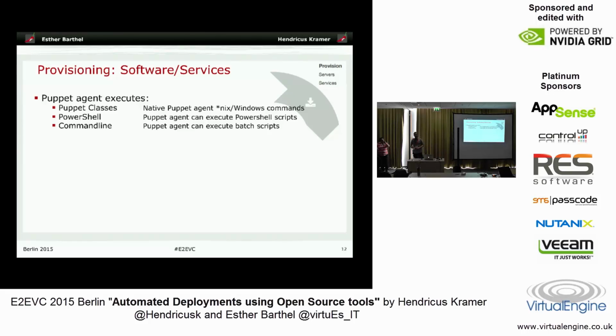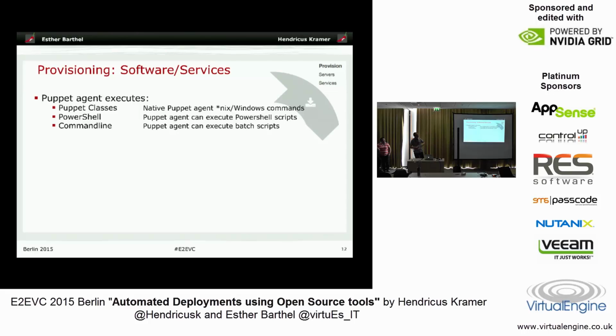Yes, so the Puppet agent is installed, and the Puppet agent is basically smart enough to do basic commands. You have a Puppet agent for Linux, for Windows, for Mac OS X, so you can manage all three of the most popular OSs.